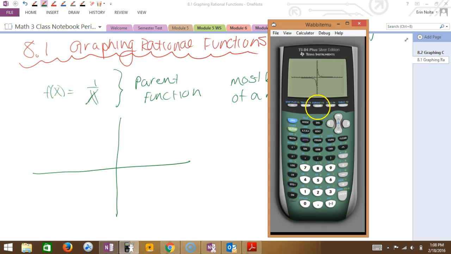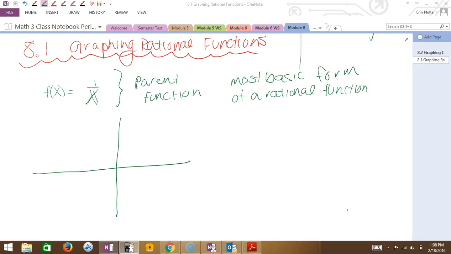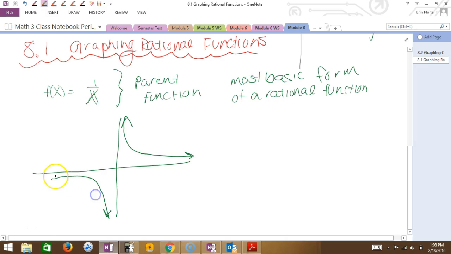And it's kind of hard to see. I'll zoom. Okay, so this gives us a little bit of an idea of what's happening. If I were to sketch this out, it would just look like this. So this is our shape of our rational functions.